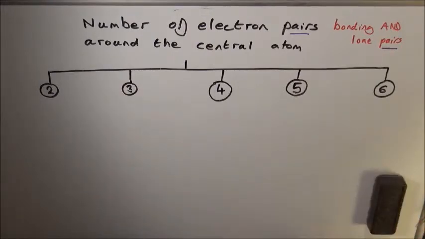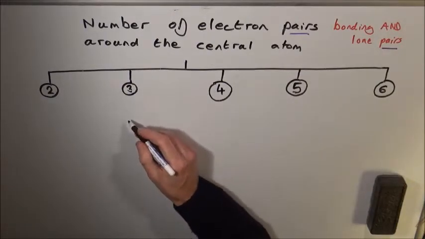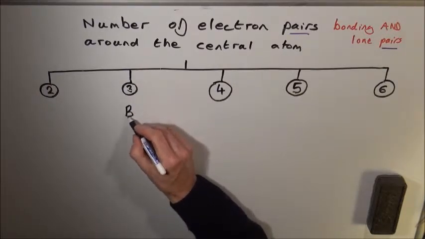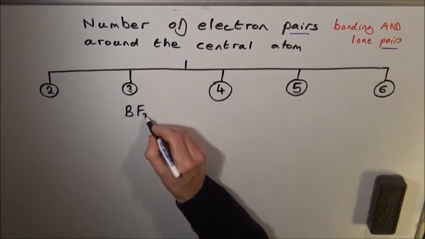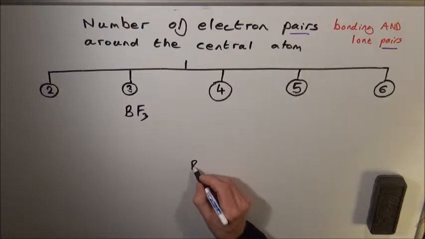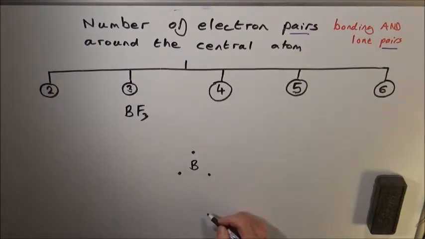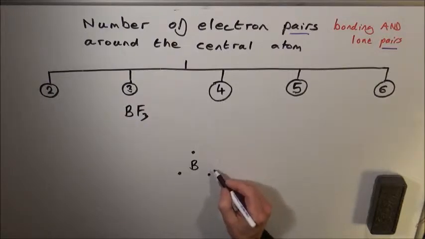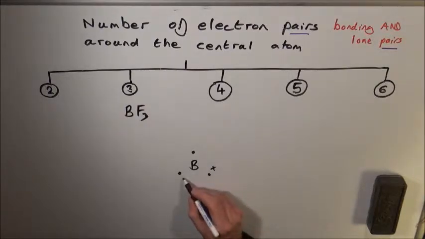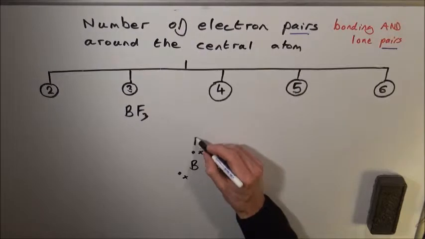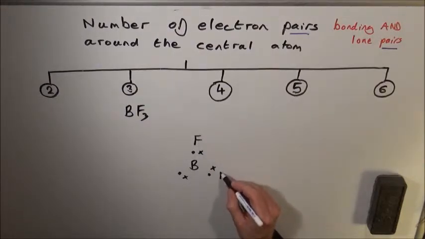Now the usual example you have for having 3 electron pairs around the central atom is boron trifluoride. So the boron comes with 3 electrons in its outer shell, and it forms 3 covalent bonds with the fluorines.